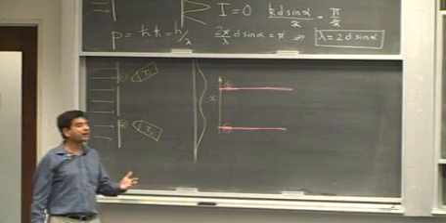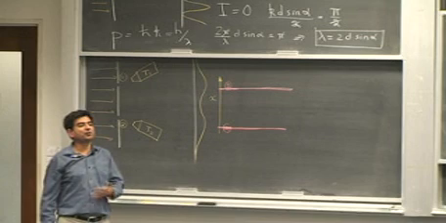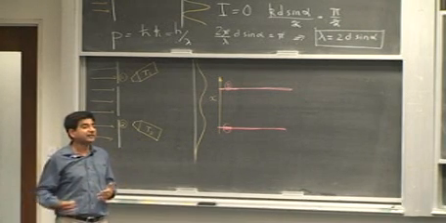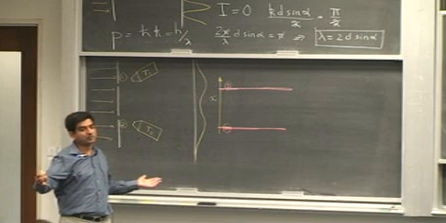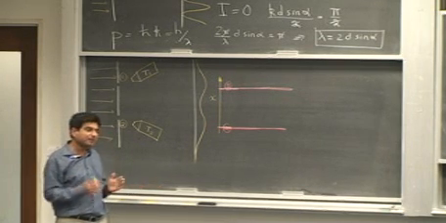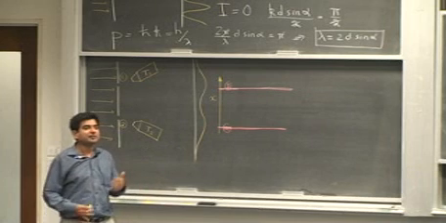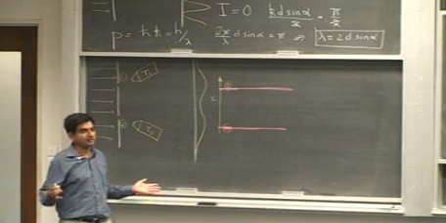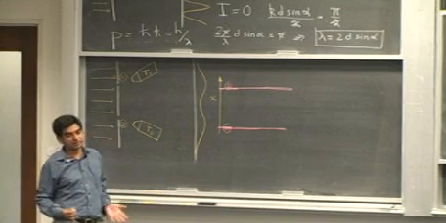You want to know more about x, you become more and more uncertain about p, and becoming more and more uncertain about p means that there is a larger realm of possibilities for p. You become more and more certain about the momentum, you lose your certainty about the position. There are more and more possibilities about the position.